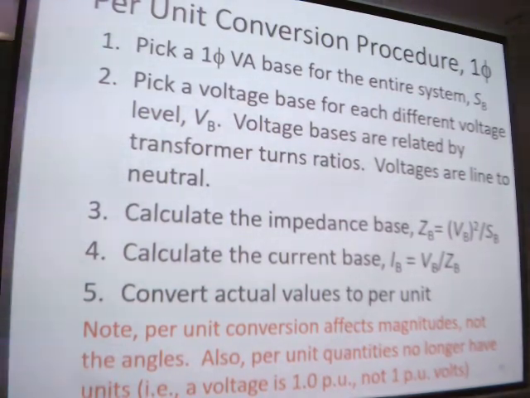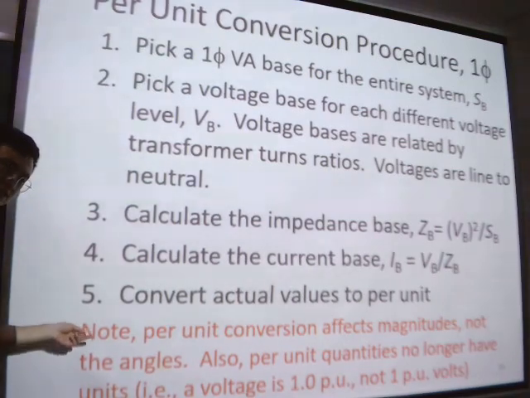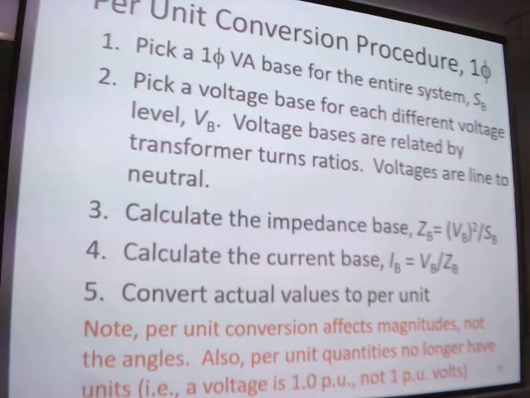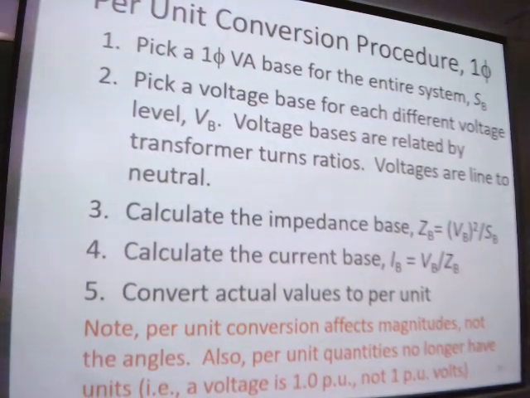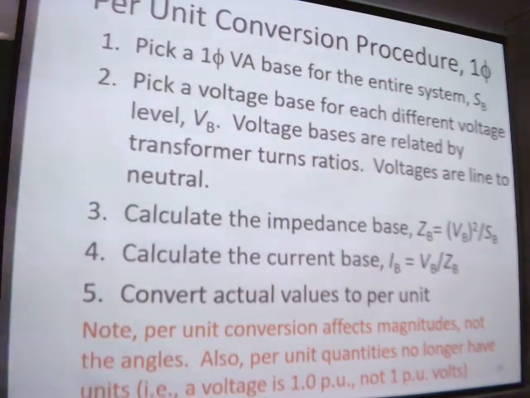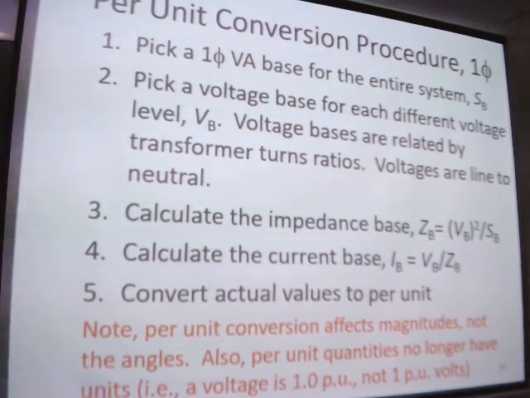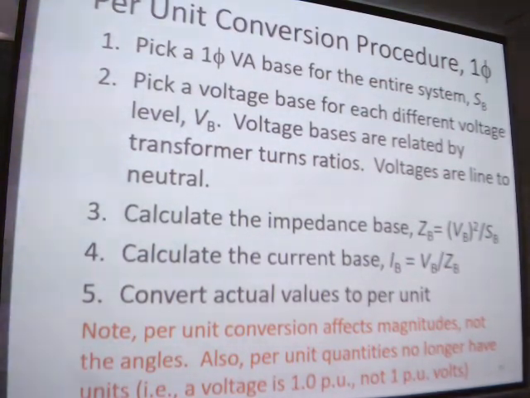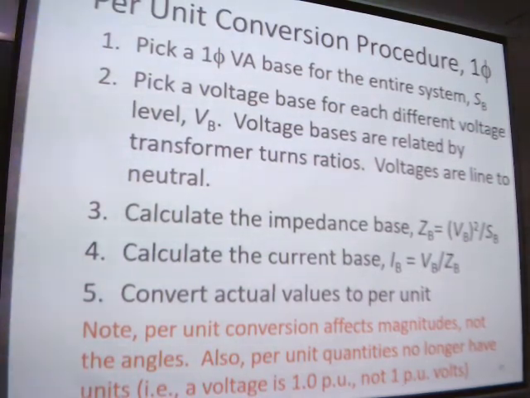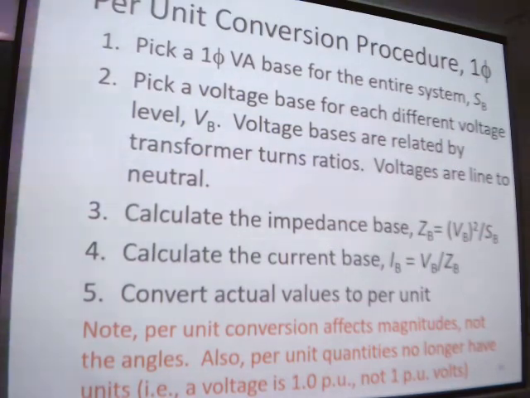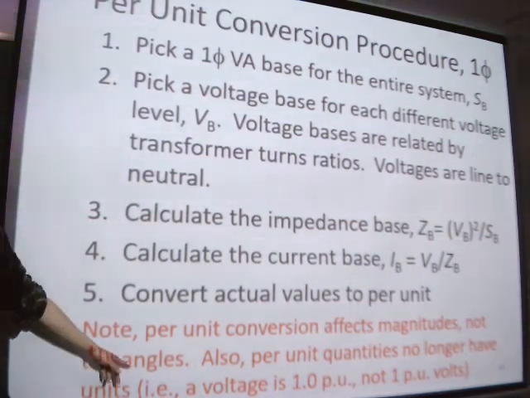Okay, so one important thing is that the per unit conversion only transforms the magnitude, the voltage magnitude and the current magnitude. There is nothing to do with the angles.